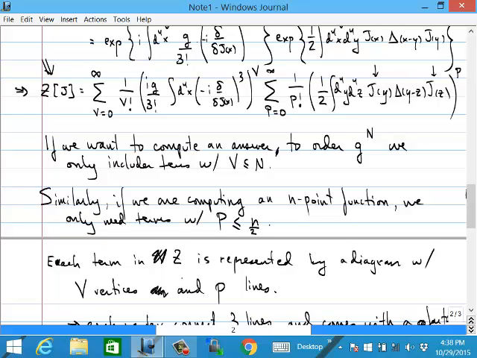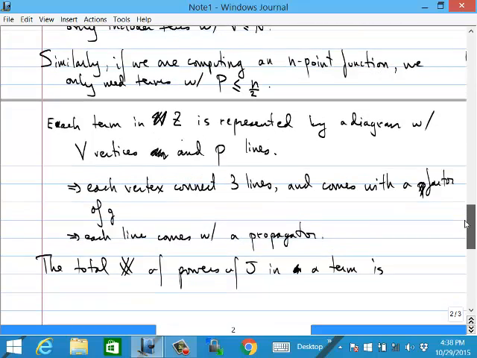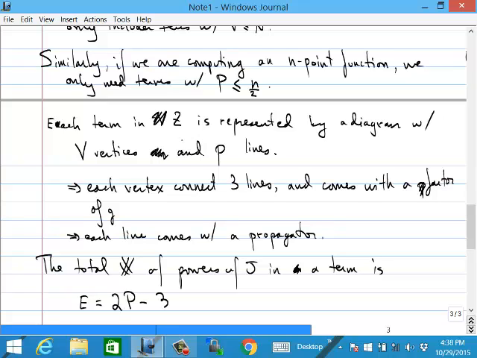For each p, you get 2 of those j's, but for each v, you lose 3 of the j's. So the total number of j's is something that we could call E, and it's 2p minus 3v. And this is the number of external sources, the number of powers of j.